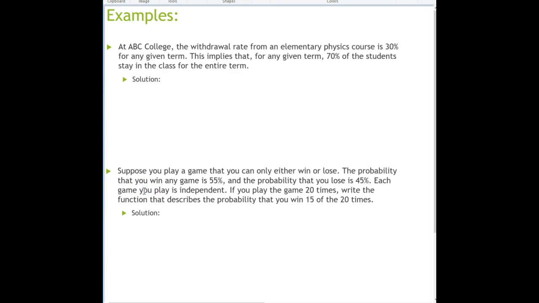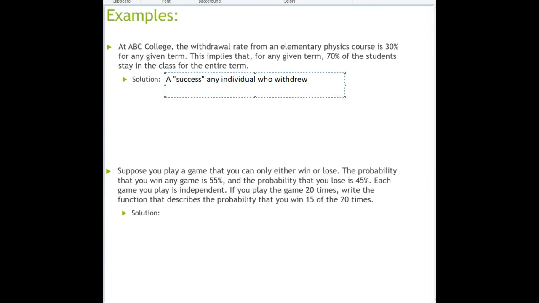So at ABC College, the withdrawal rate from an elementary physics course is 30% for any given term. This implies that for any given term, 70% of the students stay in the class for the entire term. So let's figure out what a success would look like. A success would be any individual who withdrew.